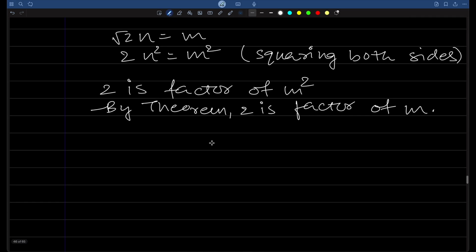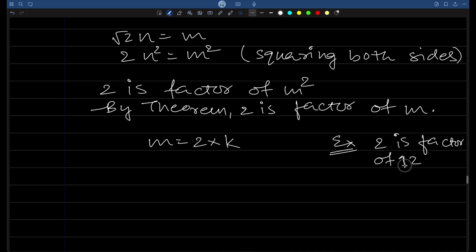If 2 is a factor of m, we can write m equals 2 into some other constant, let's say k. This is similar to, we know that 2 is a factor of 12, so we can write 12 equals 2 into 6. This is similar to that.